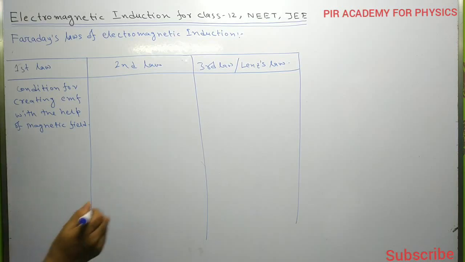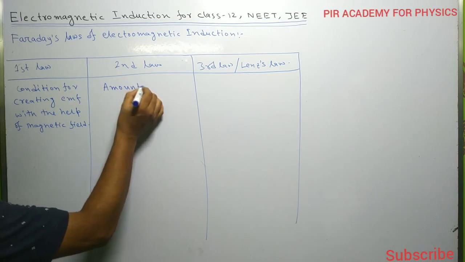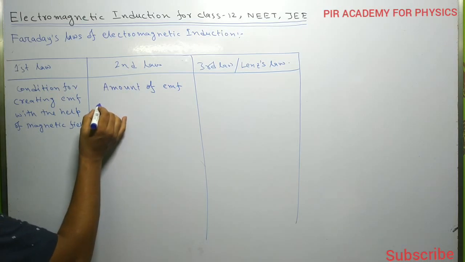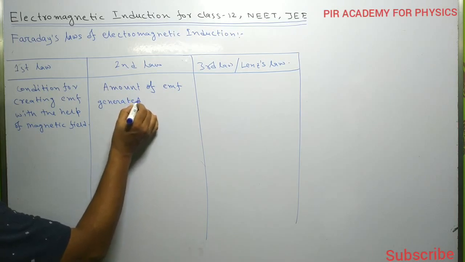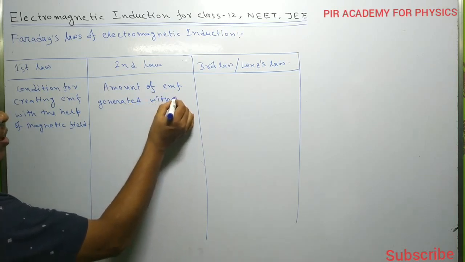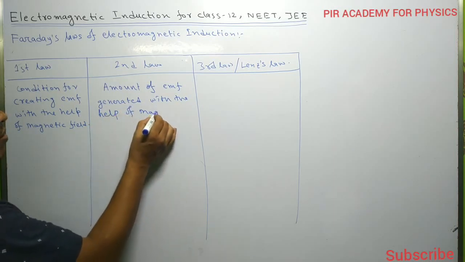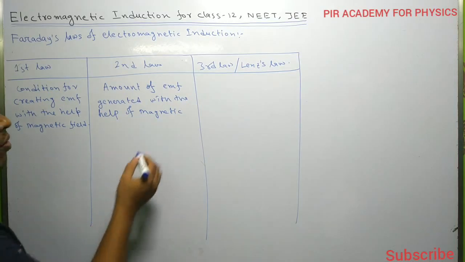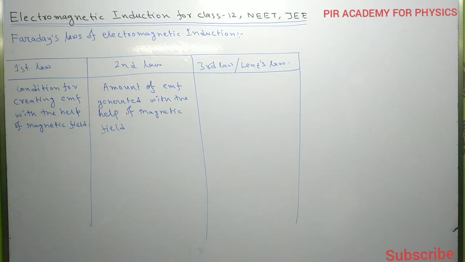And the second law says what is the amount of induced EMF generated with the help of a magnetic field. That means the second law expresses the amount of electromotive force.